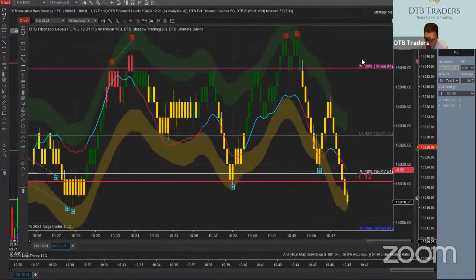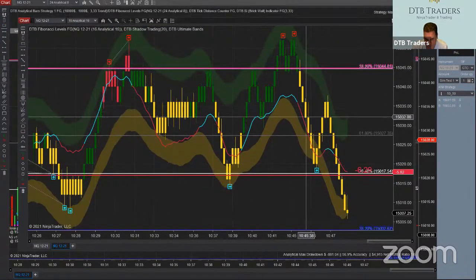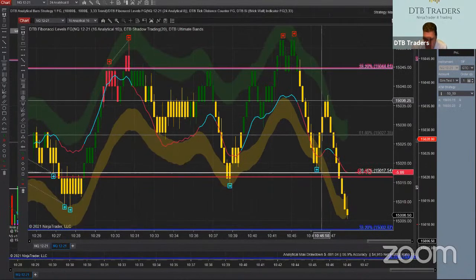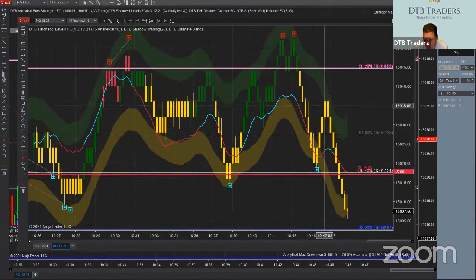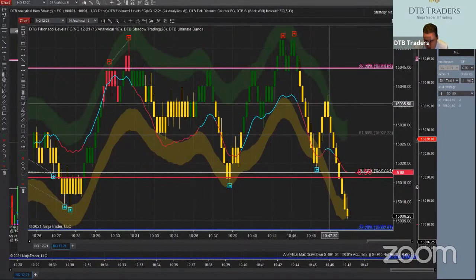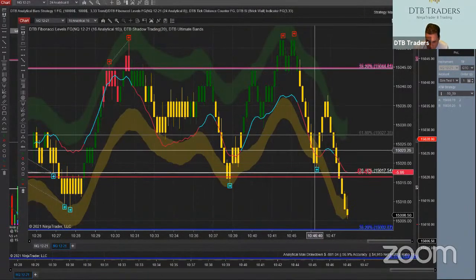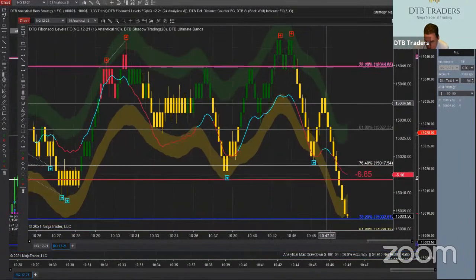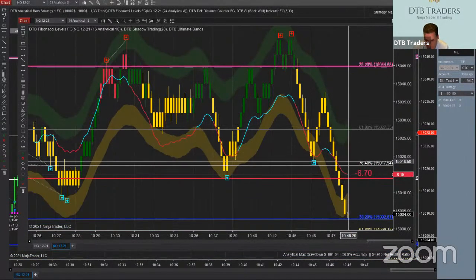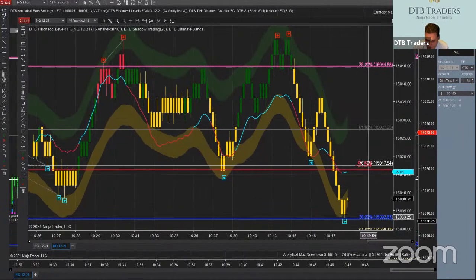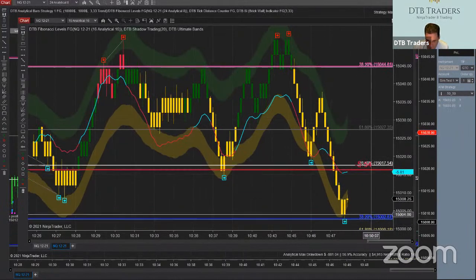Clearly we can see that the sellers are in control of the price. So when the bars are gold, remember that the sellers are in control, so you're looking for sell positions predominantly in that type of situation. A sell position might be a failed rise of price, and then you take one of the bars coming down. We are right on the 38.2. Look, we had an arrow off that 38.2.